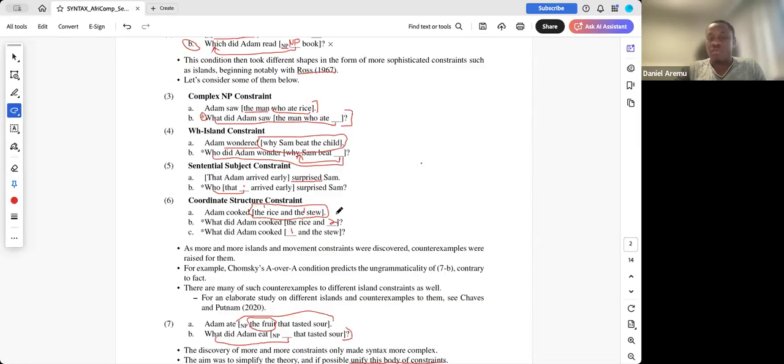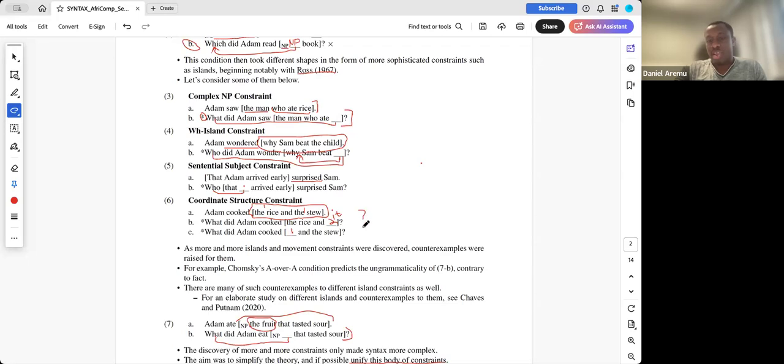In English, even if you include a resumptive pronoun like it, it is still ungrammatical. But in some languages you can, like Yoruba, for example. It can be marked, so let me put a question mark there.